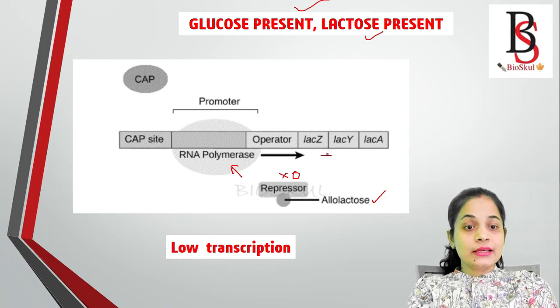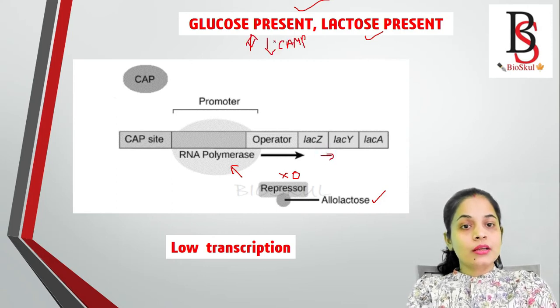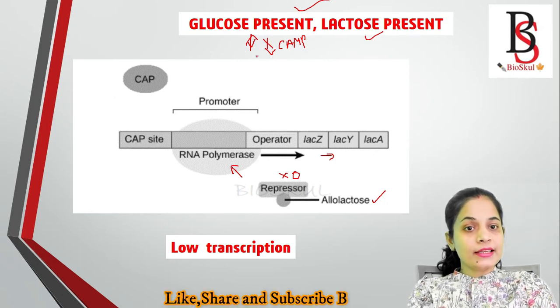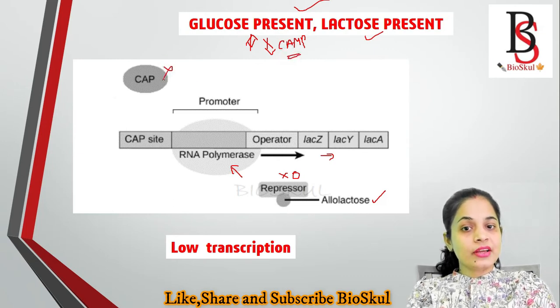Now we'll see what is the effect of glucose. If glucose is present, then cyclic AMP cannot be produced because glucose will inhibit the enzyme adenylyl cyclase. In absence of cyclic AMP, CAP protein is inactive. It cannot bind to the CAP site.